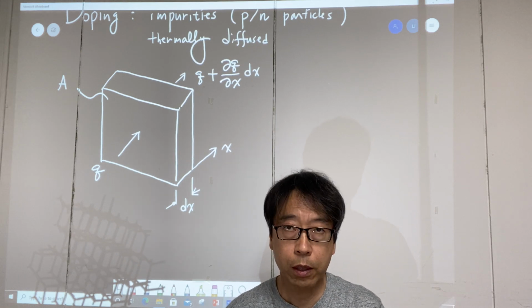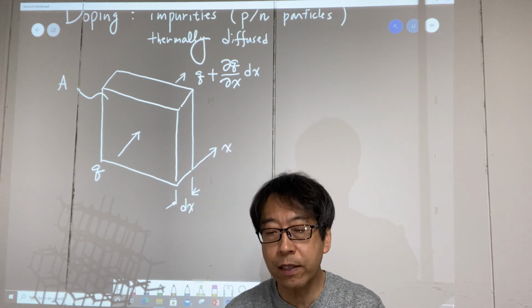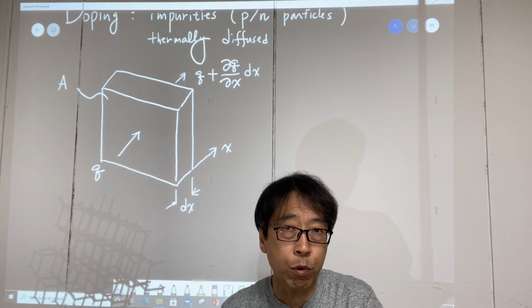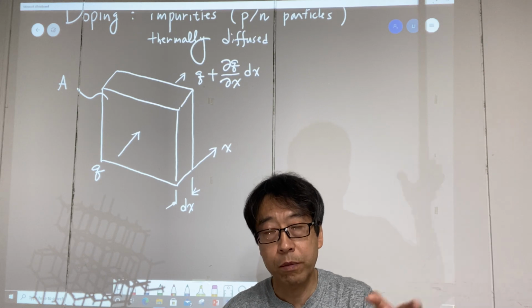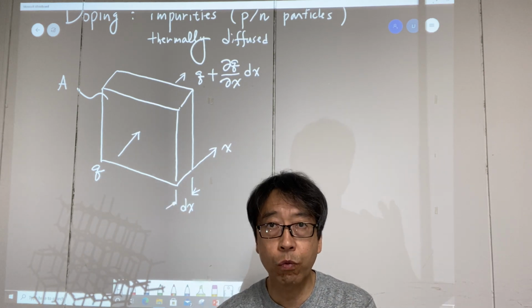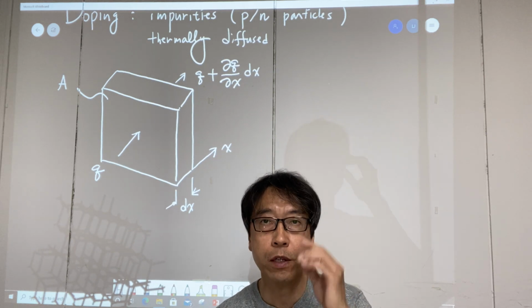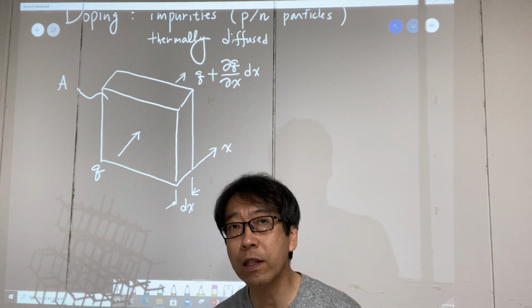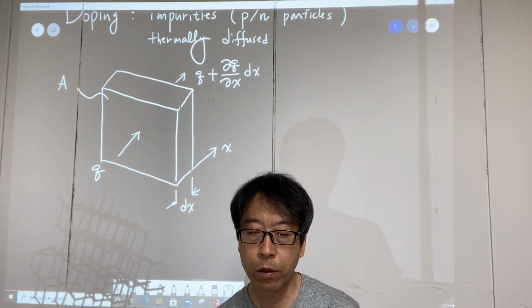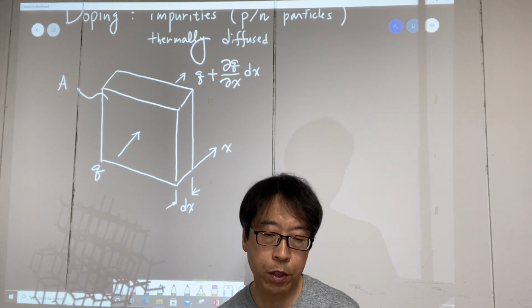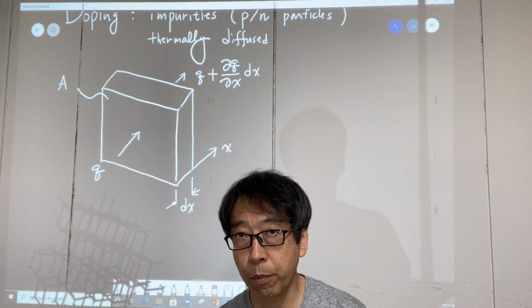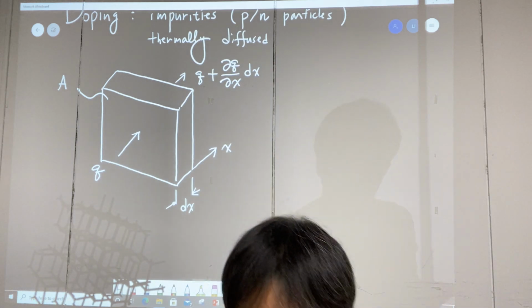So what happens as a result? Well, as a result, the state inside this material will change, right? So it's a simple bookkeeping process. Something comes in, something goes out, and that difference will contribute to the change of the state inside the material. And what is that difference? Well, it's a concentration of molecules, right? Normally we use N for the concentration of the molecules, of the impurities, boron and phosphorus, for example.